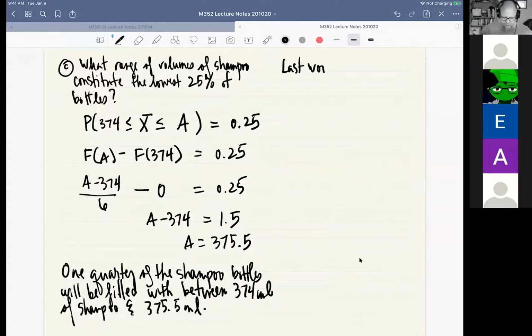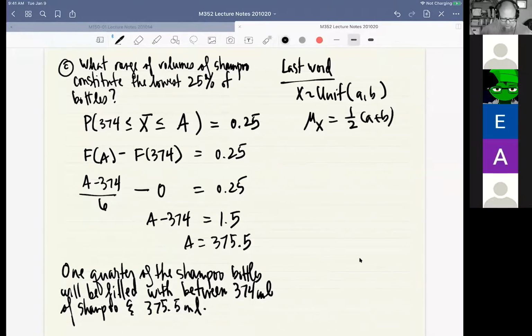Okay, last word on uniform distributions. If X is uniformly distributed on the interval from A to B, then we saw this already. The mean is the midpoint of that interval.